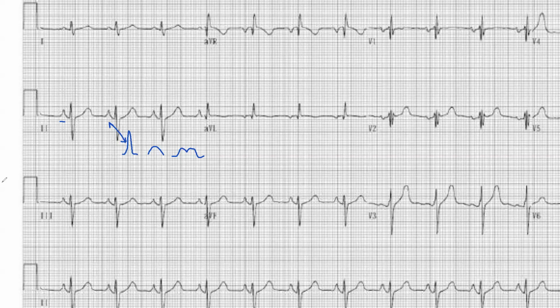Then the PR interval is normal. Okay, PR is normal. QRS is narrow as well.